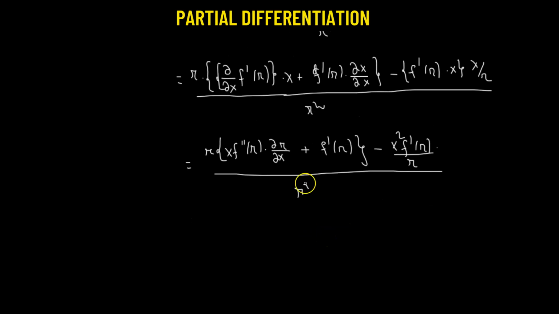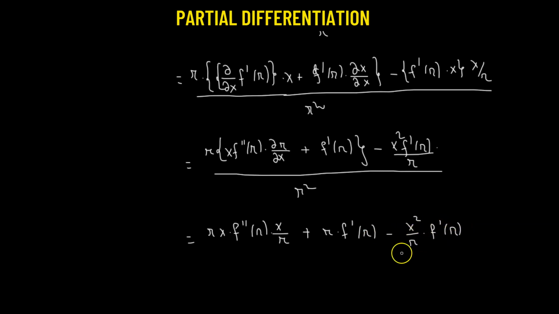Now we will have r times x times f double prime r, so the partial of r with respect to x will be x divided by r, plus we have r multiplied by f prime r, minus x squared over r times f prime r, whole thing divided by r squared.